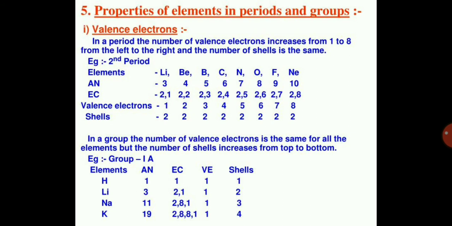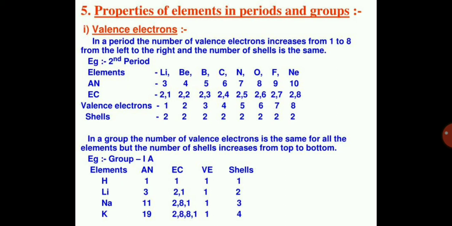In a group the number of valence electrons is the same for all the elements, but the number of shells increases from top to bottom. See, in the period the number of valence electrons is increasing and the shells are the same, but in the group the valence electrons are the same, but the shells are increasing.